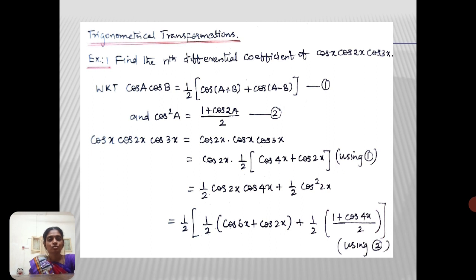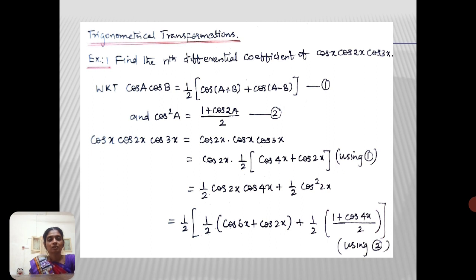So we make use of these two formulas in this problem. Now the given problem is cos x, cos 2x, cos 3x. This can be taken as cos 2x into cos x into cos 3x. So we make use of equation 1 in cos x into cos 3x.